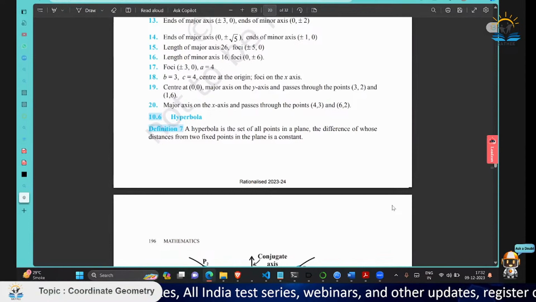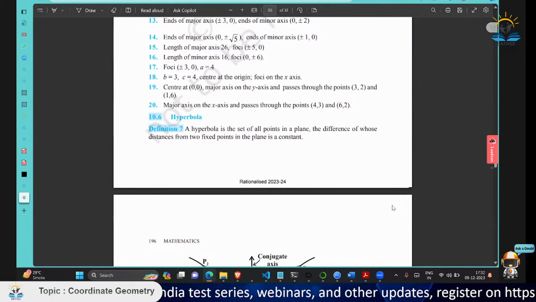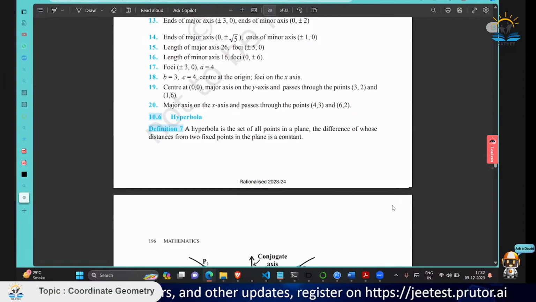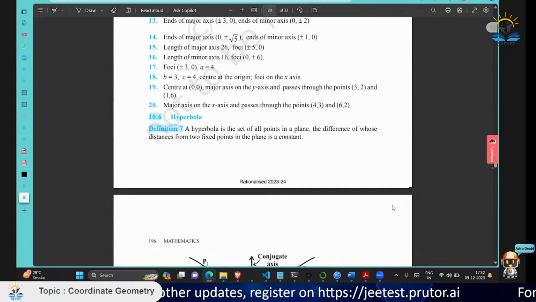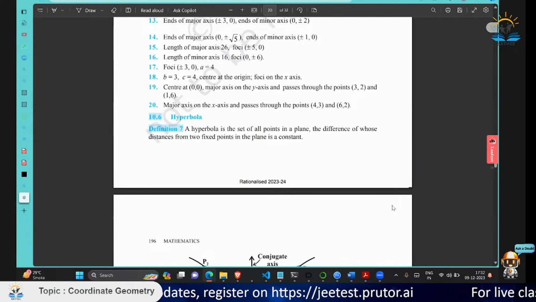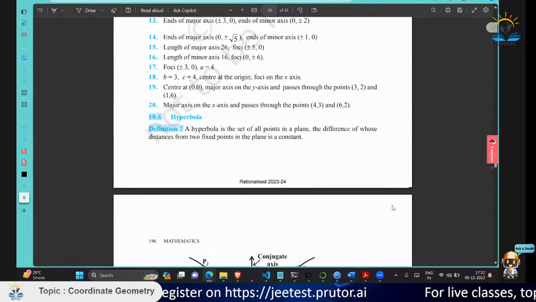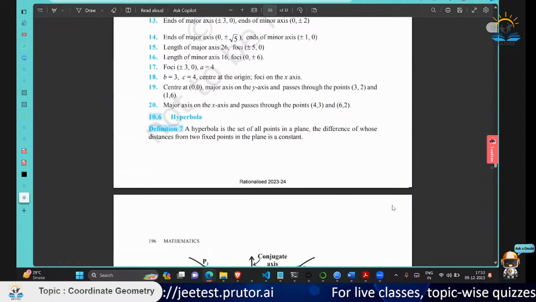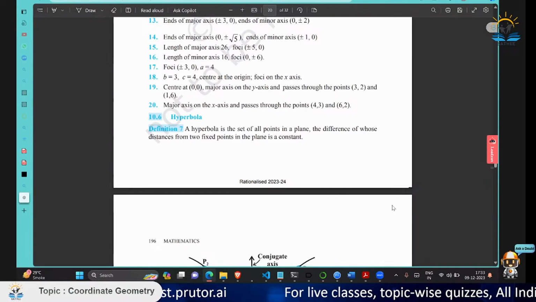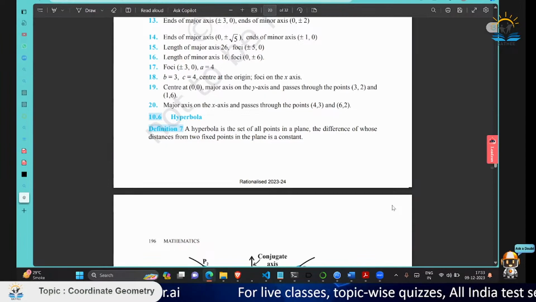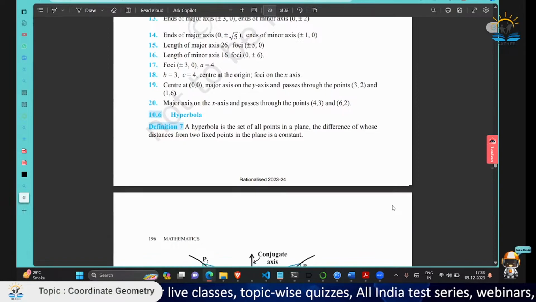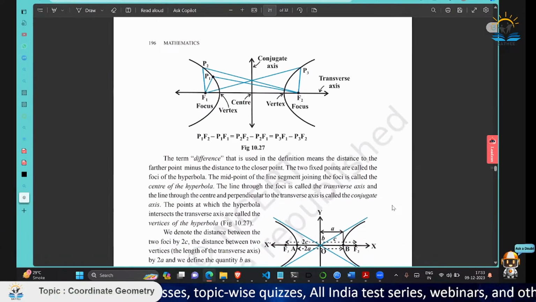Let's now study the hyperbola. A hyperbola is the set of all points in a plane, the difference of whose distances from two fixed points in the plane is a constant. So earlier it was the sum, here it is the difference.